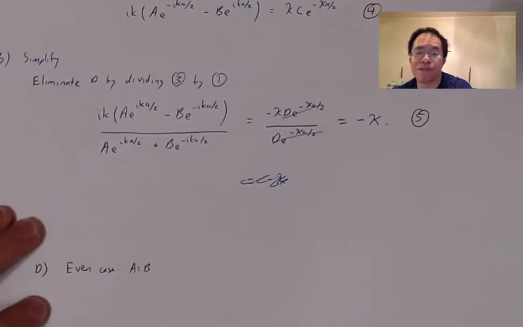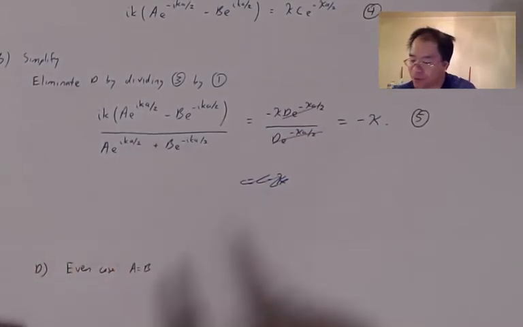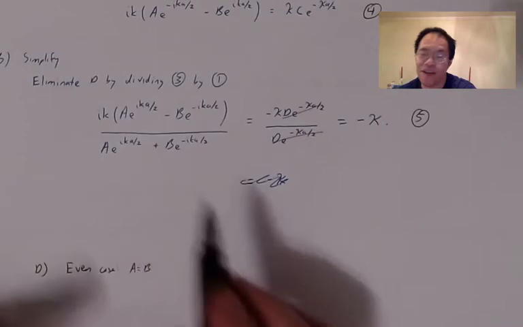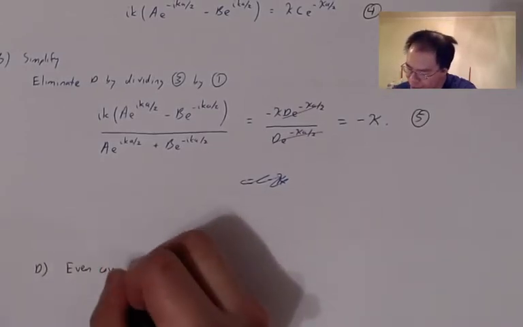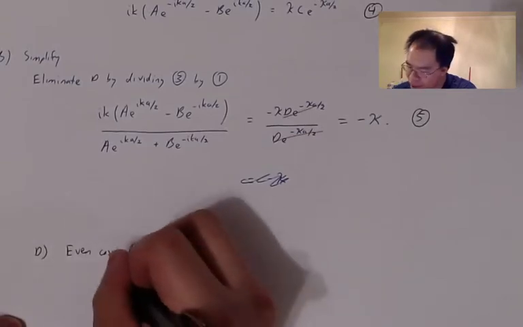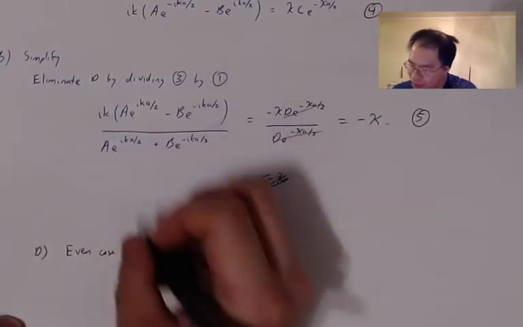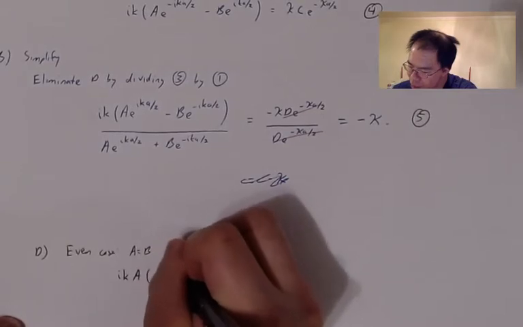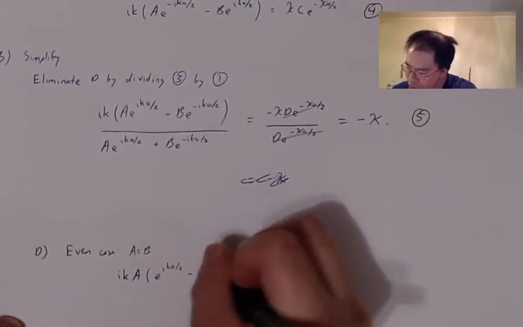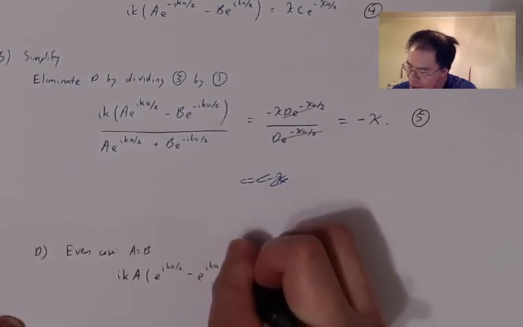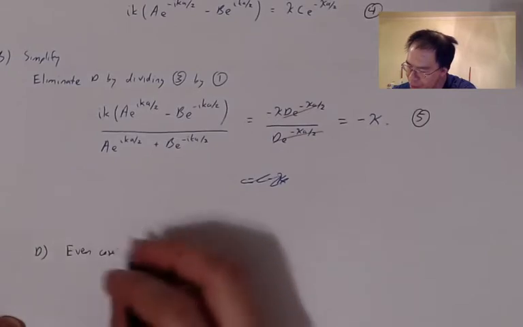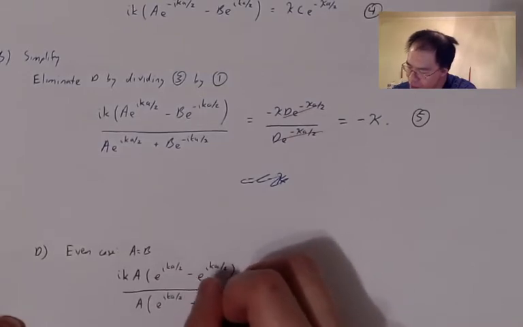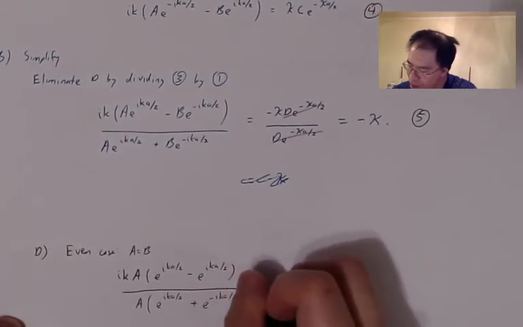So this is a equals b. If a equals b, I'll just replace my b's with a's. Notice that I have both a and b here, so I'll factor that out. That reduces to ik times the quantity e to the ika over 2 minus e to the minus ika over 2 upstairs, and then downstairs I have the quantity e to the ika over 2 plus e to the minus ika over 2.